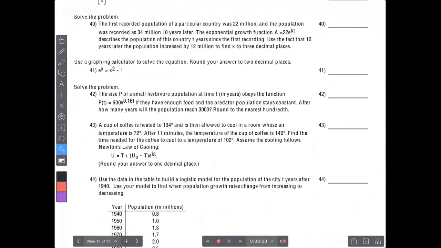Okay, so we know here that a equals 22e to the kt for a in the population of the country and t equaling years since the first recording.